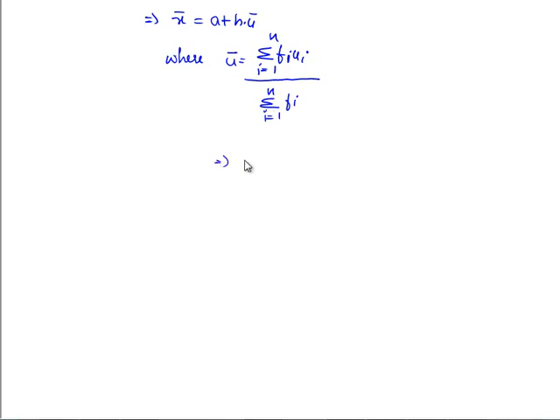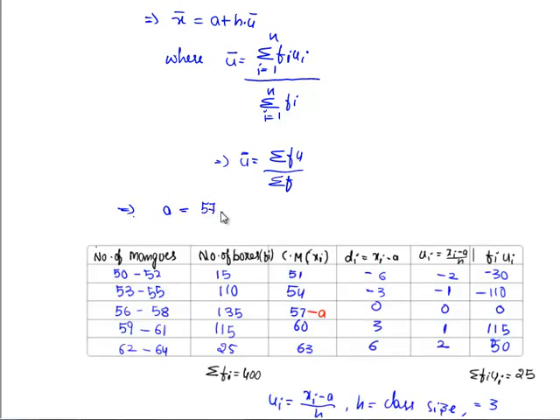In general, we can write u bar is equal to sigma fu by sigma f. We know that a is equal to 57, h is equal to 3, and sigma fu by sigma f is equal to 25 by 400.